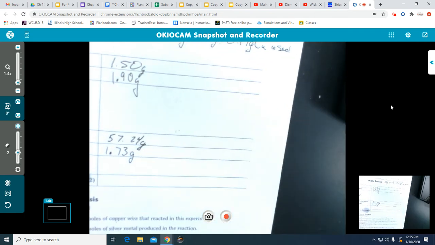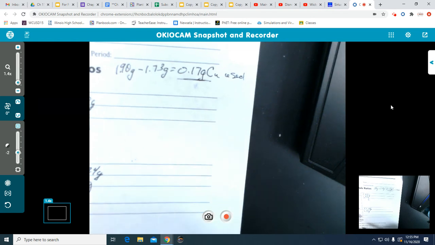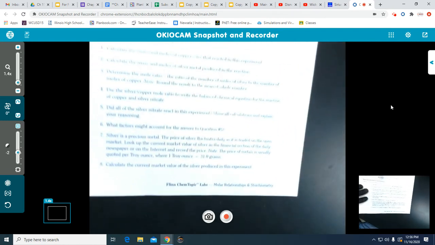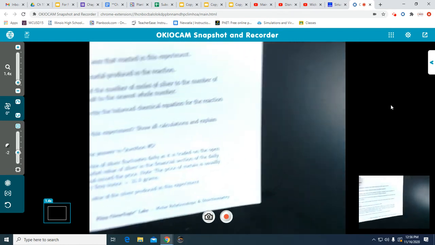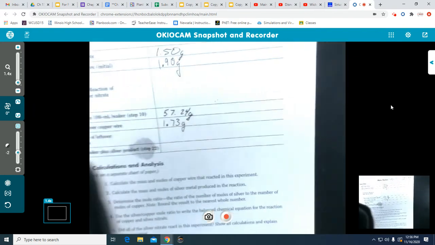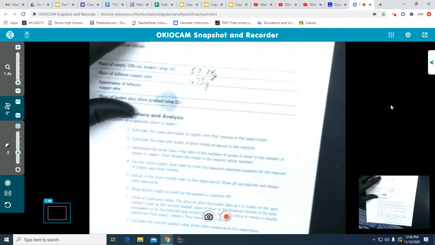That 0.17 grams of copper is what we're going to be using for our calculations for copper. Number 1 says, calculate the mass and moles of copper wire that reacted in this experiment. So that's why we have the 0.17 grams. That's how much copper reacted in this experiment.